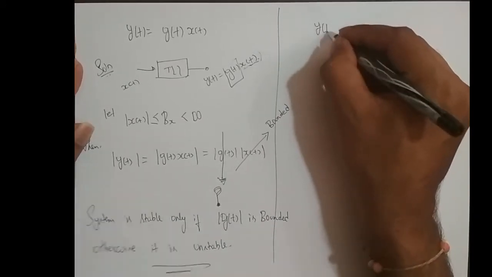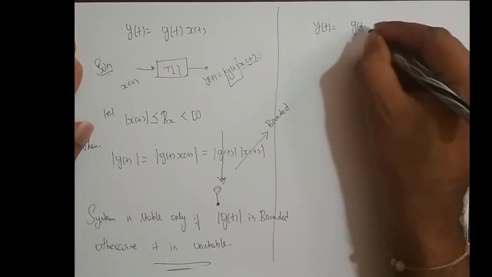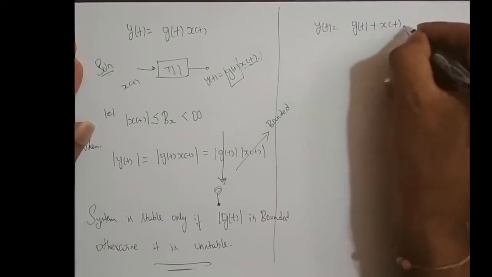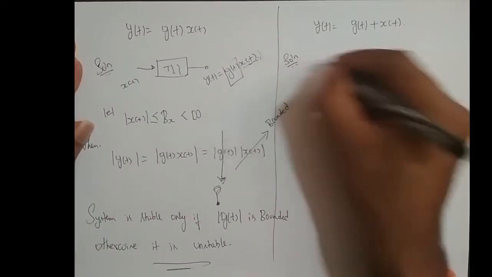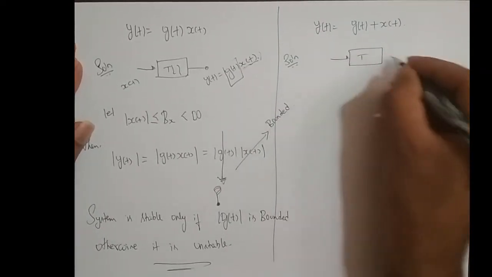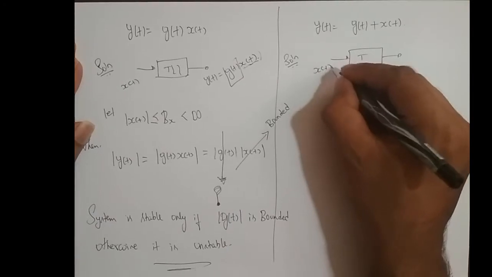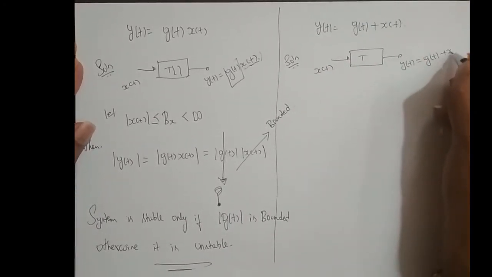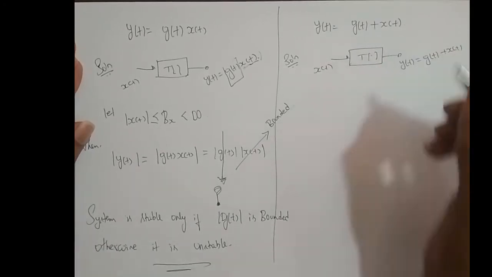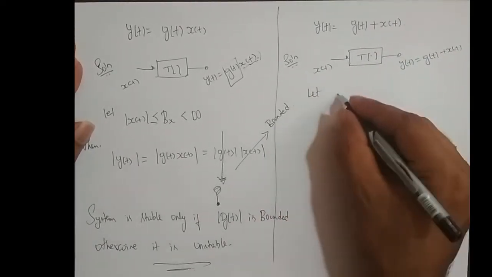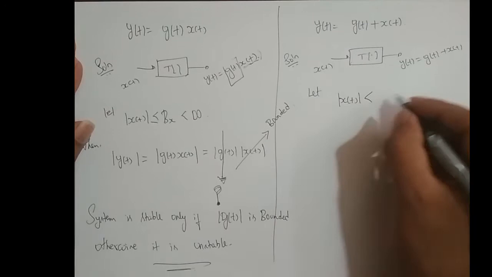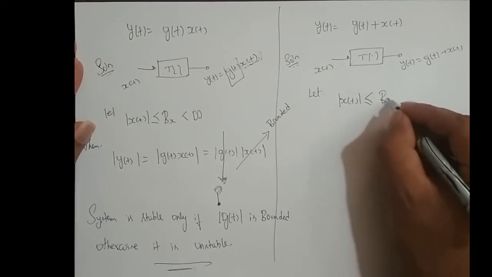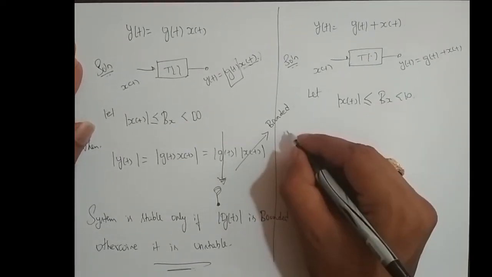Fine. Take up one more. y of t is equal to g of t plus x of t. So solution, the input I am feeding to the system is x of t and output is y of t, and what is y of t? g of t plus x of t. So let magnitude of x of t be less than or equal to bx, which is less than infinity.